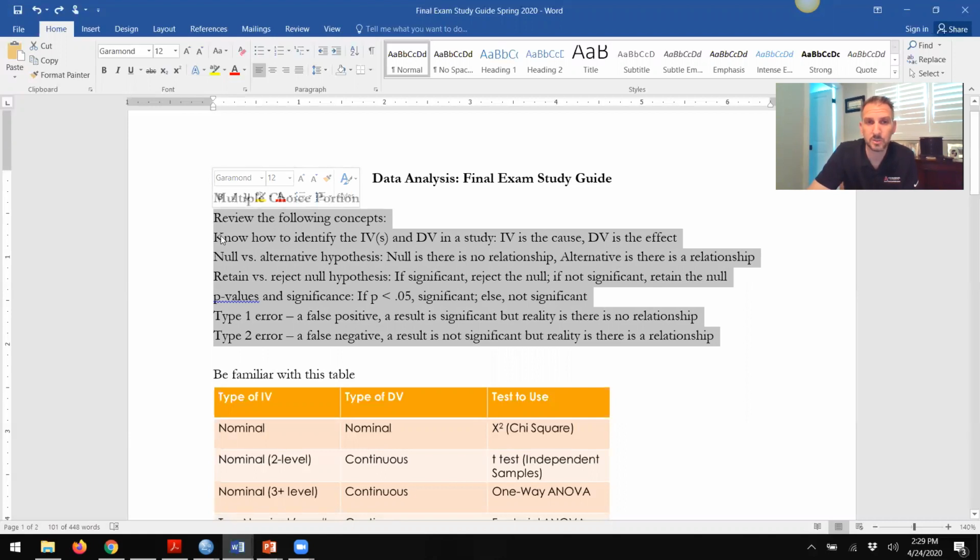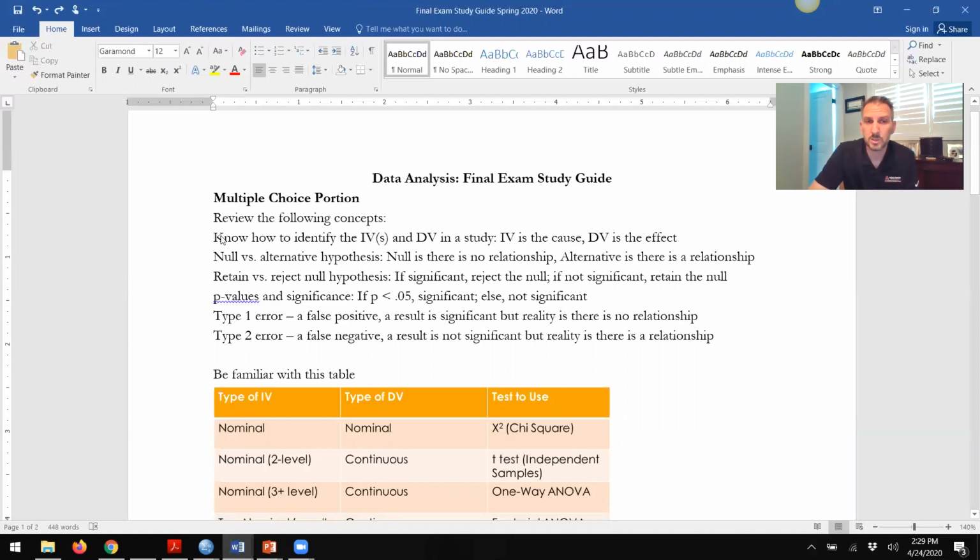So, okay, first off is know how to identify the independent variables and dependent variable in a study. Independent variable is the cause, and dependent variable is the effect. So to let you know what I plan to do in the final exam, I'm going to give you some research questions where I say, I'm interested in if there's a relationship between if you like to sleep in a hard bed versus a soft bed, and the quality of sleep you have.